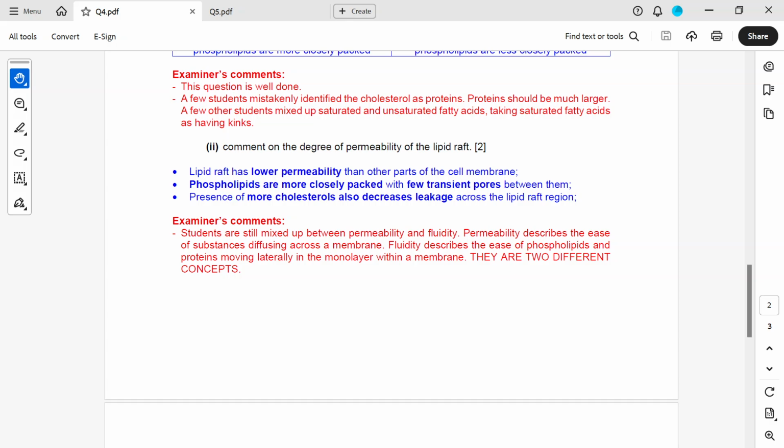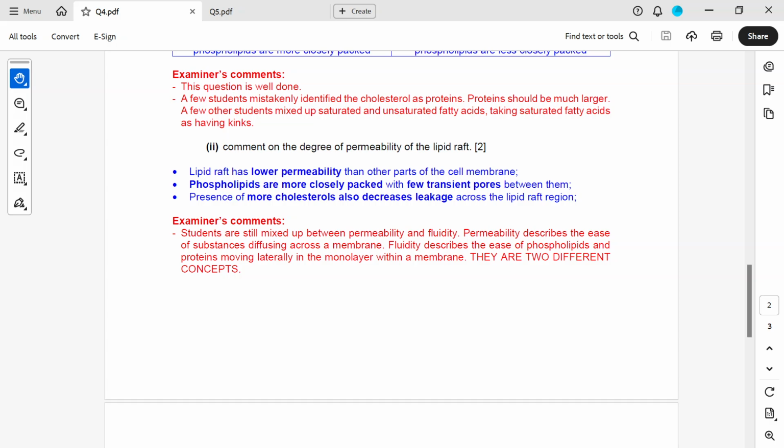So in this case, for the lipid raft region, the phospholipids are closely packed with very little gaps or pores between them, and also the cholesterol blocks any potential pores, any gaps, to prevent leakage, which is one of the functions of cholesterol, by the way, preventing leakage across the membrane.